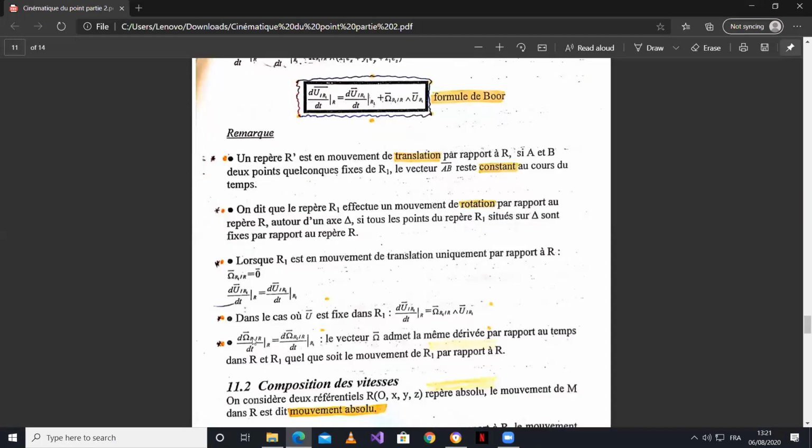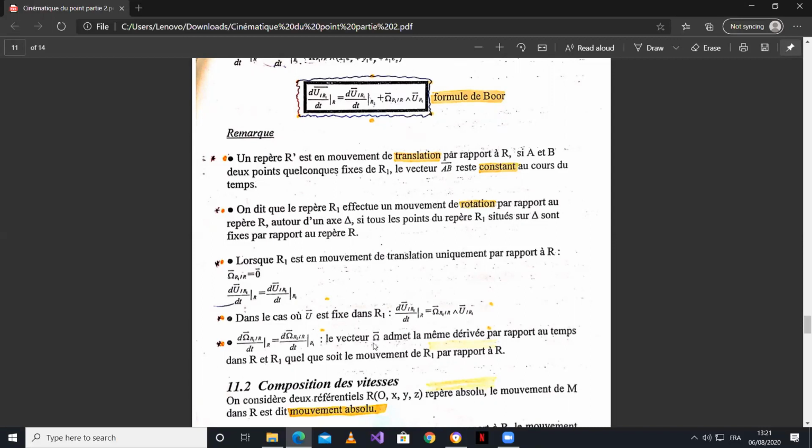Then we have the dérivé de la vitesse angulaire de R1 par rapport à R par rapport à T, dans R, being equal to the vitesse angulaire de R1 par rapport à R, the dérivé par rapport au temps dans R1.